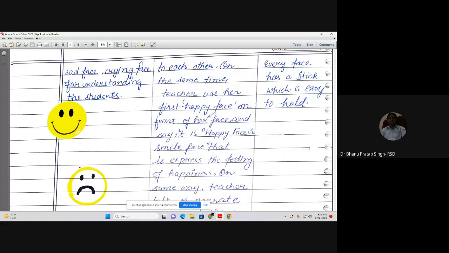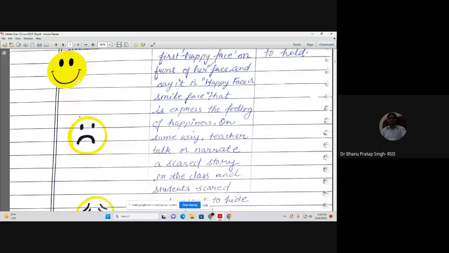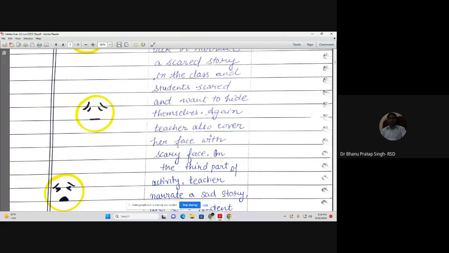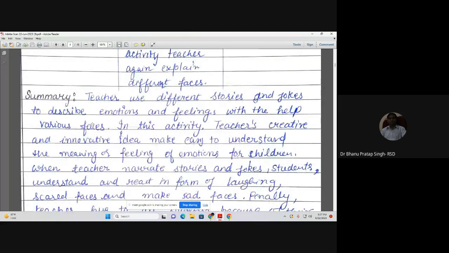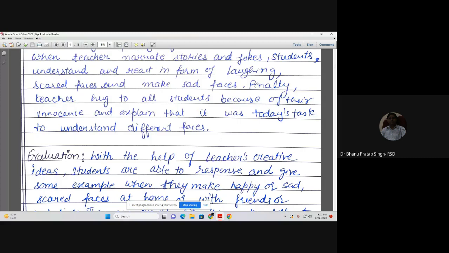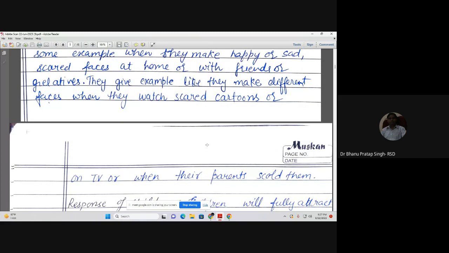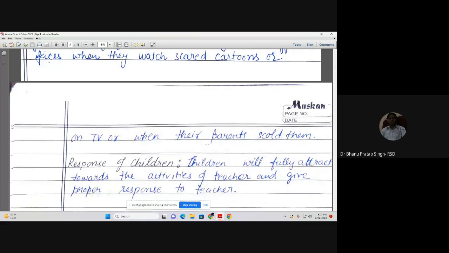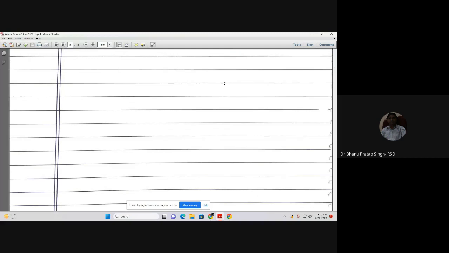The teacher has taken some important area and taught it in the classroom, and whatever observation she made, a summary was given, or evaluation was also done by the teacher based on his or her experience and observation. So this is the first activity from unit 1.